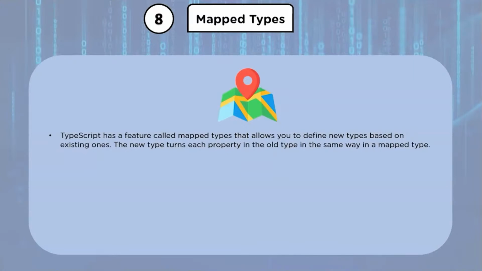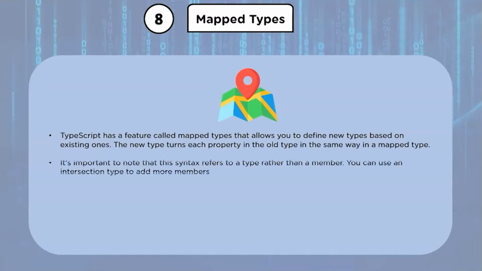The new type transforms each property in the old type in the same way in a mapped type. For example, make all the properties optional or readonly. It's important to note that this syntax refers to a type rather than a member. You can use an intersection type to add more members. This is the simplest mapped type and its parts.